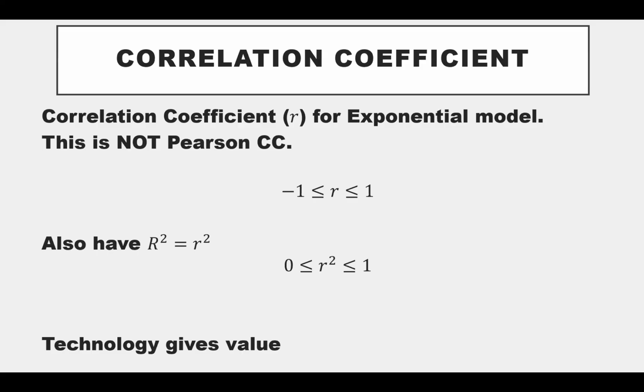If we're looking at the single R, it's still going to be between -1 and 1, but more likely we'll see our correlation coefficient come to us as an R squared. Sometimes that's capitalized, sometimes that's lowercase. Usually it's capitalized, to be honest. So that R squared will be between 0 and 1.